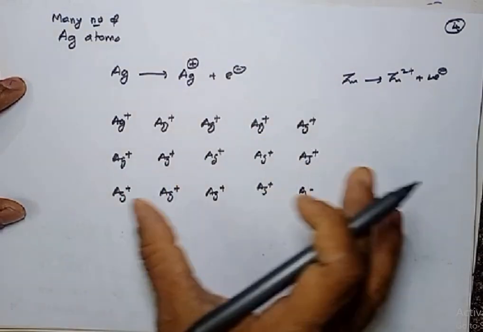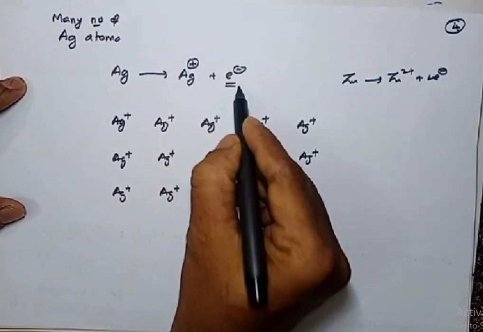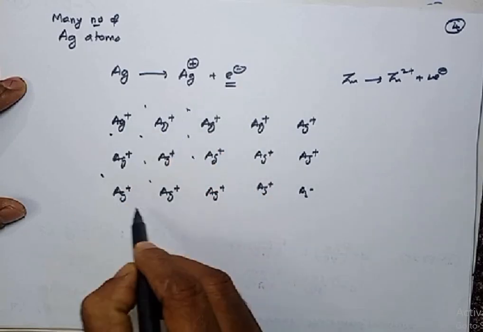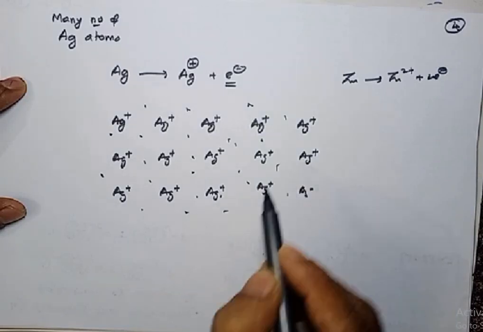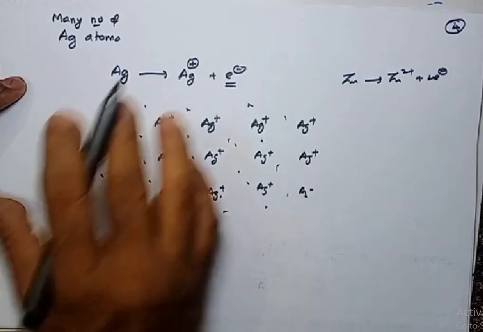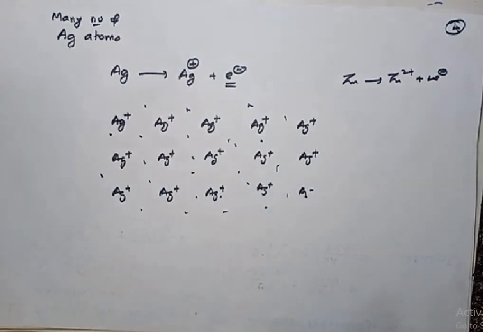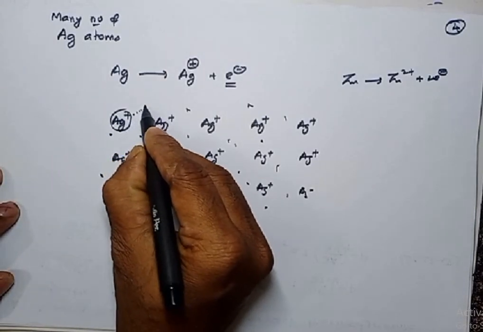So like that, many silver ions, though they have the same charge, form the lattice. How does the lattice exist? Because of the free electrons. Let me put these dots. These dots are nothing but free electrons. You have a huge number of free electrons, and these free electrons move randomly throughout the crystal, like gas present in a container. They can move freely. And listen, there is an attraction between each cation and the free electrons.